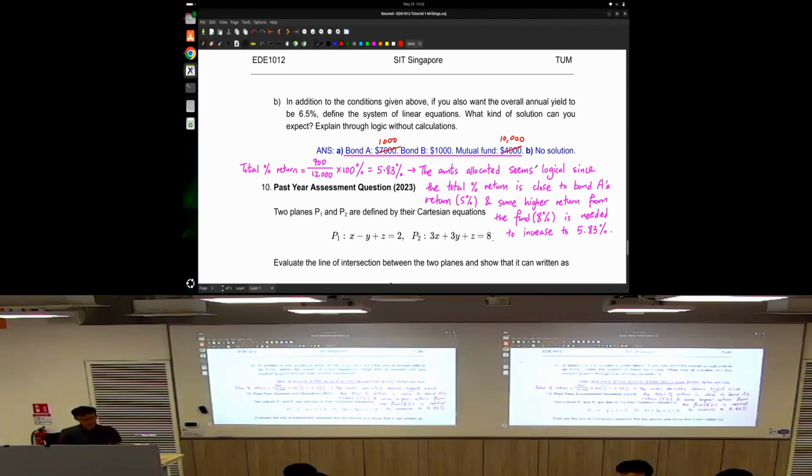Then you have to ask, wow, so much invested in the fund. By right, the return should be closer to 8%, maybe about 7 point something percent, because there's more in the fund, and the fund is returning you 8%.